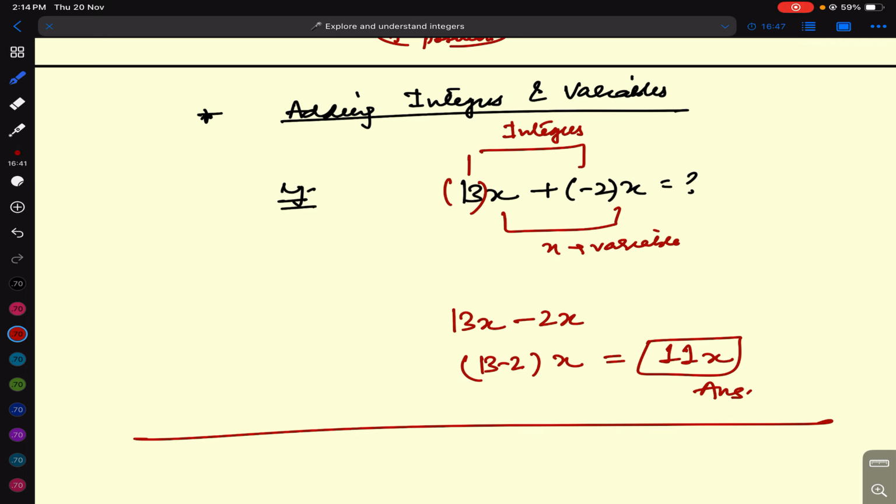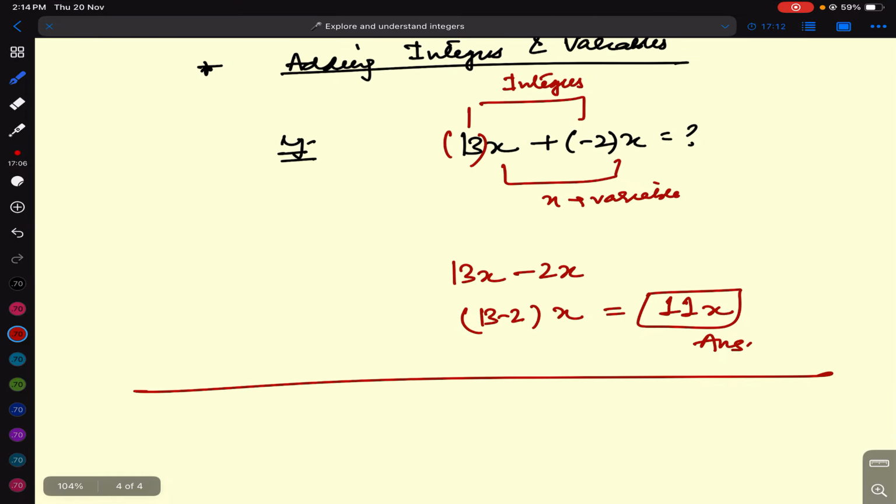We solved for the integers and we got 11. So the answer became 11x. Clear? So this was all about the addition of the integers.